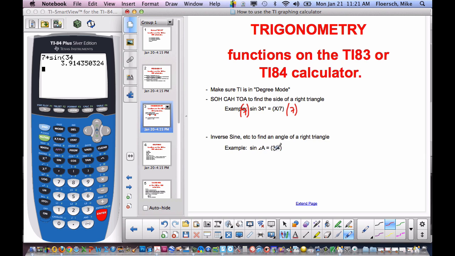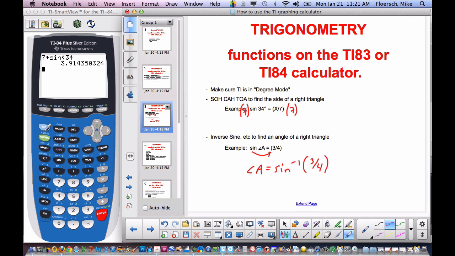This time I have a right triangle and I have the two sides 3 and 4, but I need to solve for angle A. So basically what that means is I need to get rid of this sine. So angle A is equal to the sine inverse, that's how I bring it over, of the fraction 3/4.